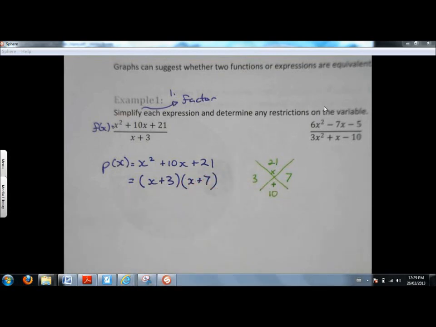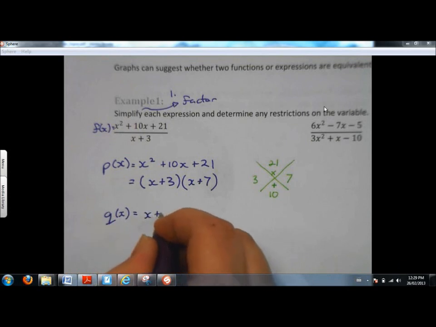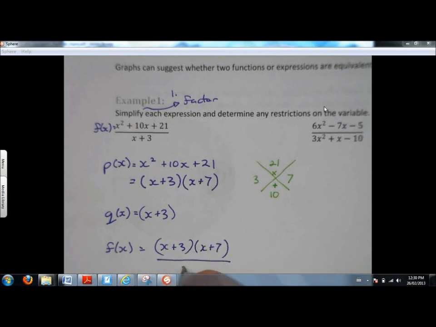Now I'm going to look at my q of x. So the numerator has been factored. Can we do anything to simplify that? Nope. It stays as is. That means overall we have x plus 3 times x plus 7 over x plus 3.